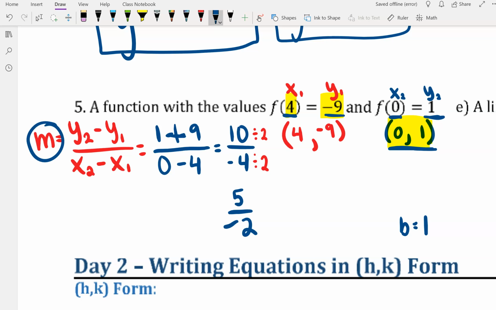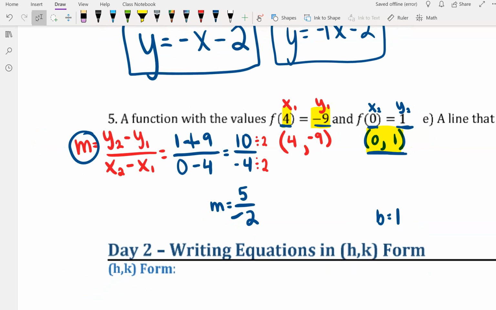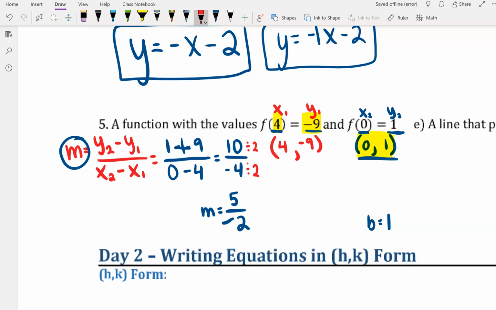And that was my m that I just solved for. So m is 5 over -2. When I write this equation in y equals mx plus b, I write this as -5 over 2. I can put the negative in front, or I can put it with 5, doesn't matter, as long as I have a negative there. x plus b, which was 1.